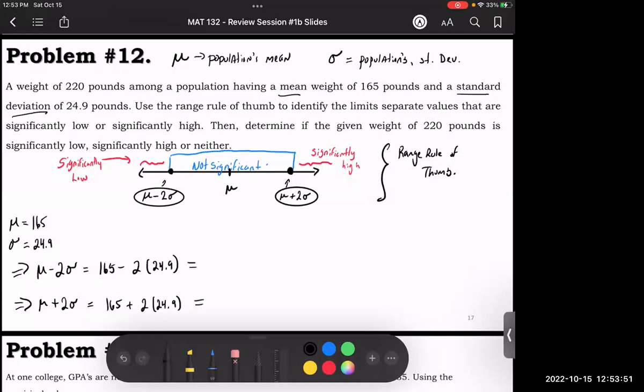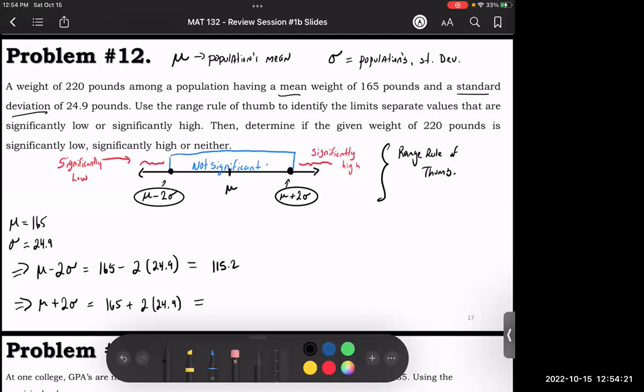So what's 165 minus 2 times 24.9? Is it 115.2? Yep, it's 115.2.